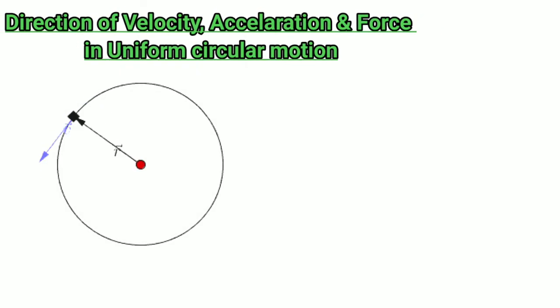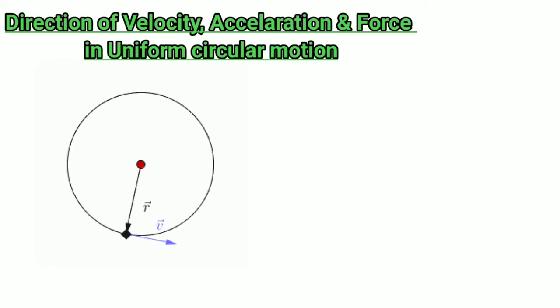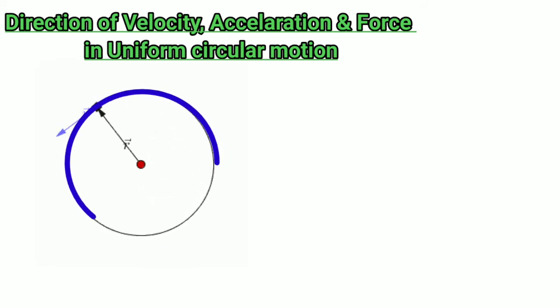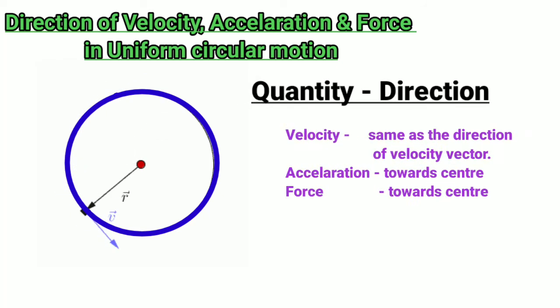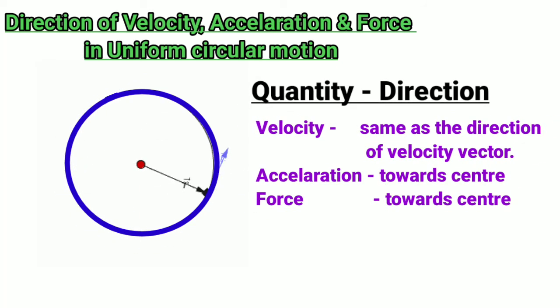As we discussed so far, uniform circular motion has velocity, acceleration, and some force acting on it. Since these three quantities are vector quantities, they have specified direction. Let us see the direction of all these three quantities. In the picture, velocity vectors are drawn around the circle.